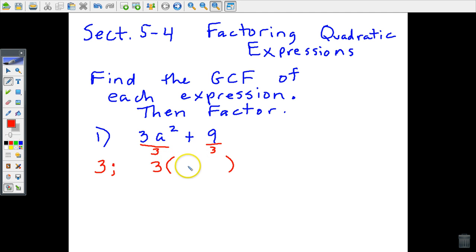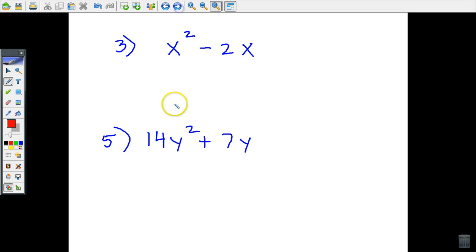So 3a squared divided by 3 is a squared, and of course 9 divided by 3 is 3. All right, so the GCF is 3, and the factored expression is 3 times the quantity a squared plus 3. All right, let's move on and take on a few more of these.